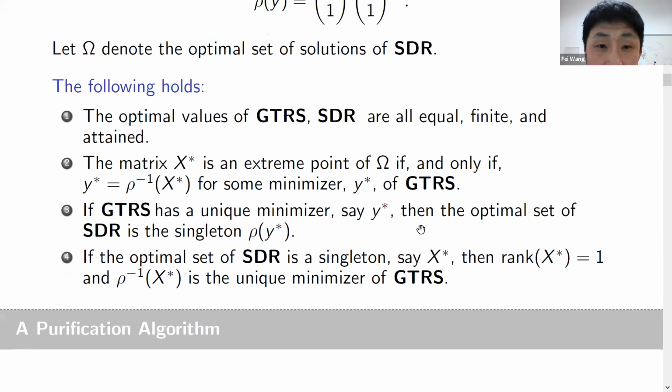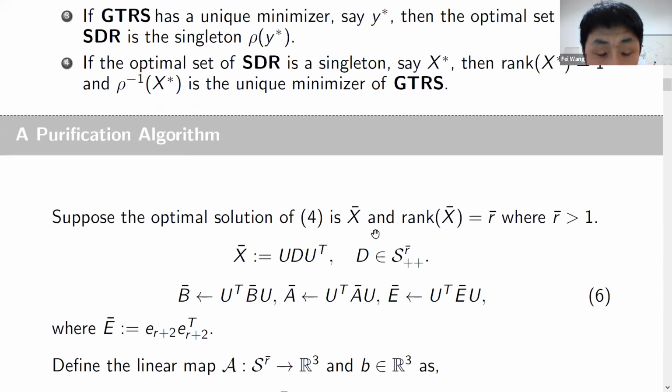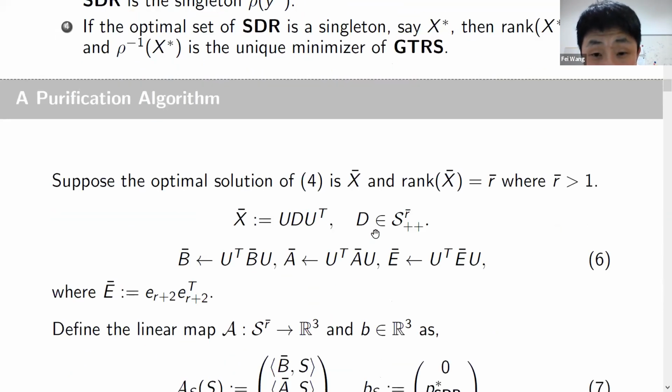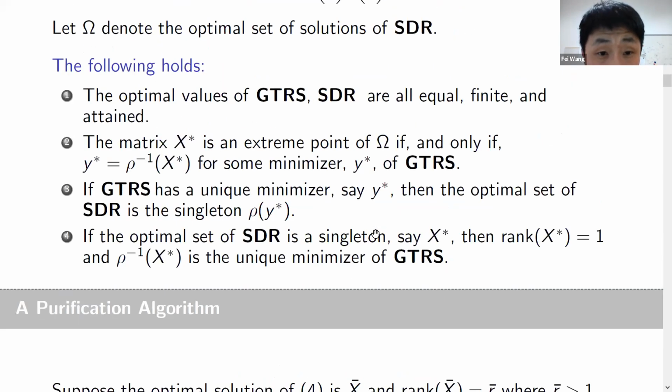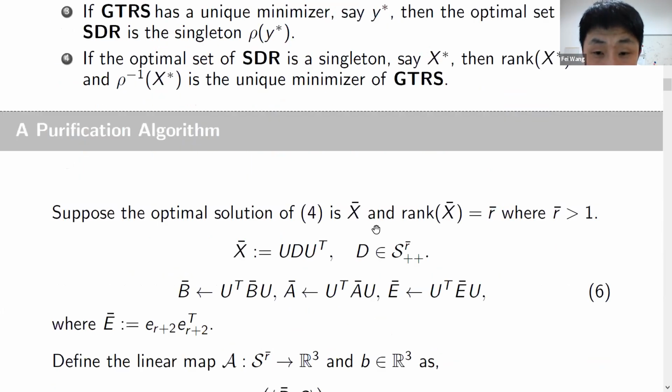So based on 2, we have a purification algorithm. If we do not have an extreme point of the SDP relaxation, how do we purify it?